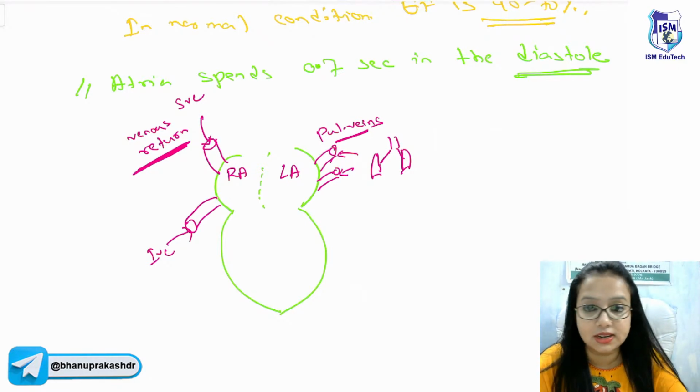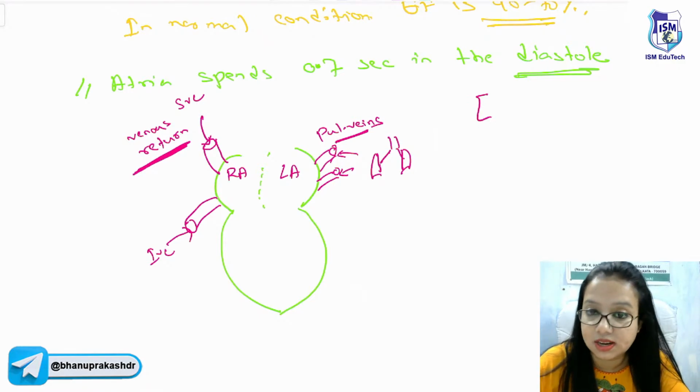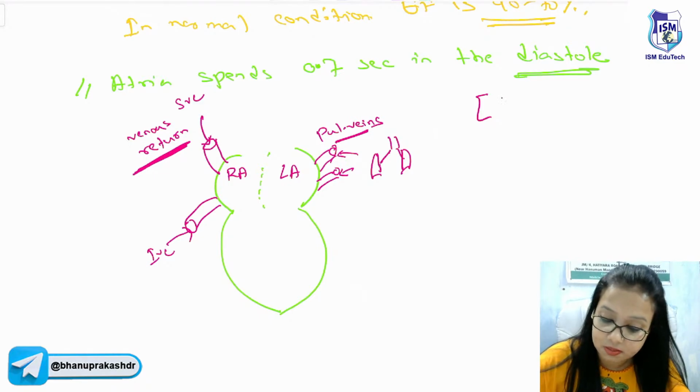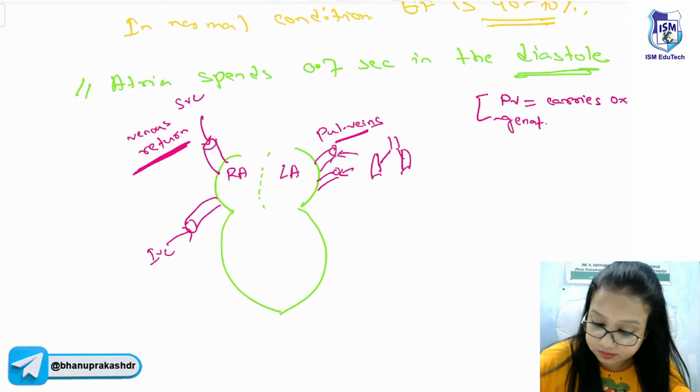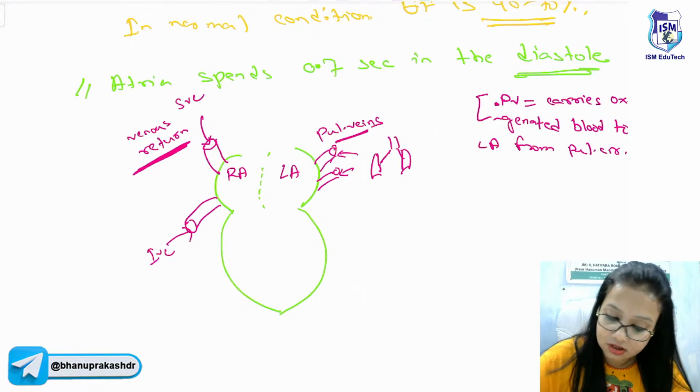Usually what happens? Arteries carry pure oxygenated blood, right? So arteries usually carry oxygenated blood and veins carry deoxygenated blood. But pulmonary veins carry oxygenated blood to the left atria from the pulmonary circulation, right?